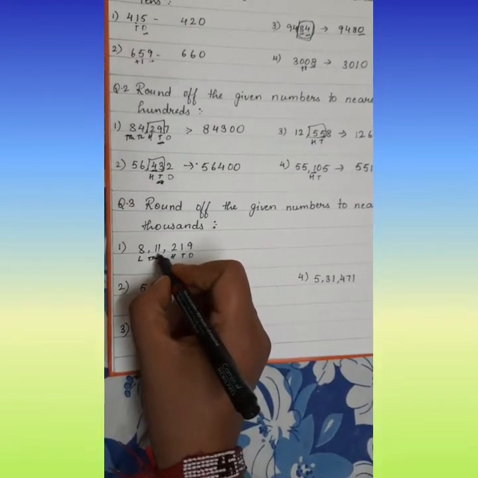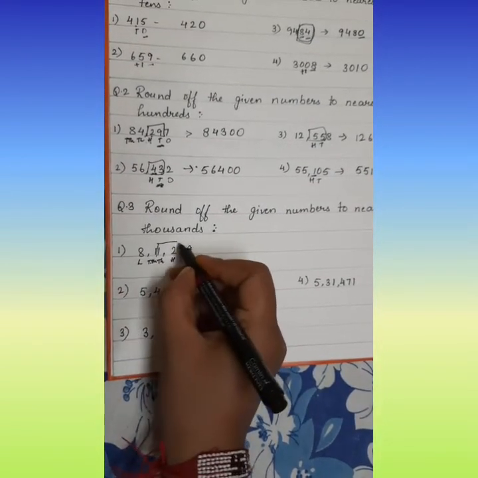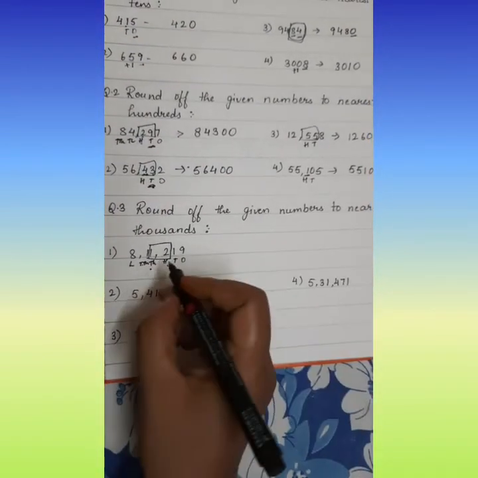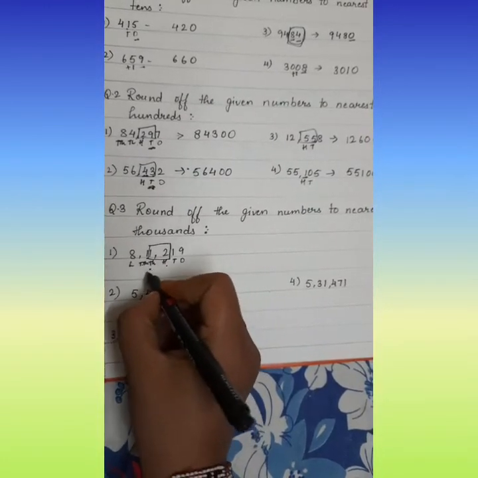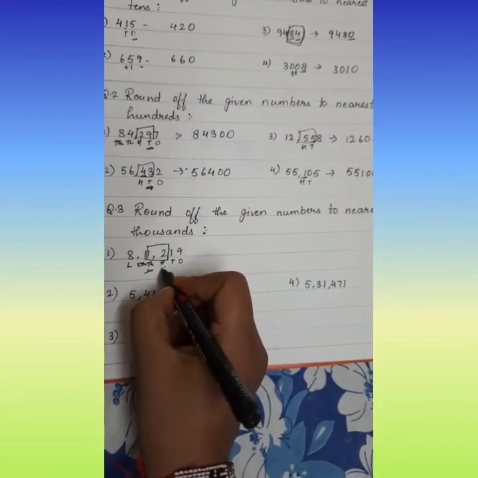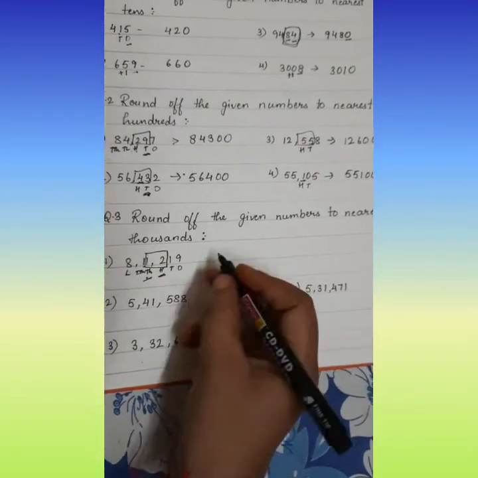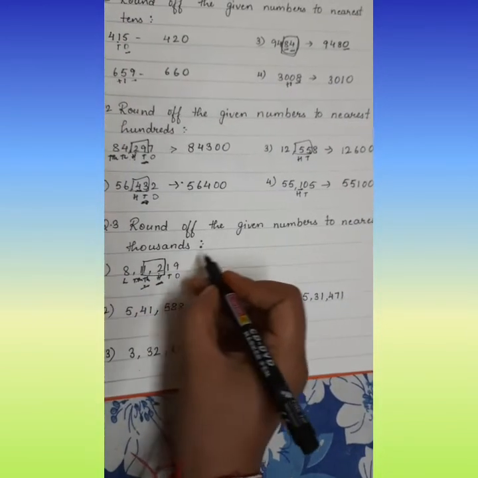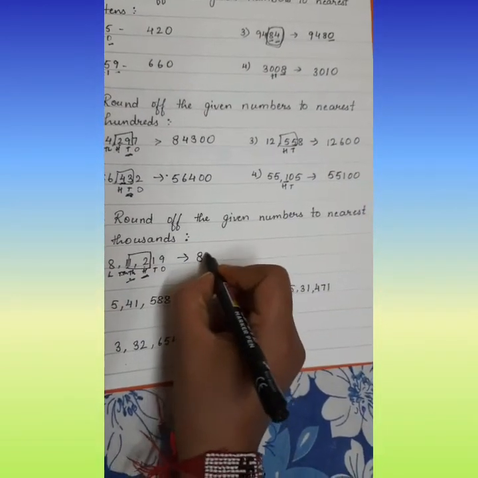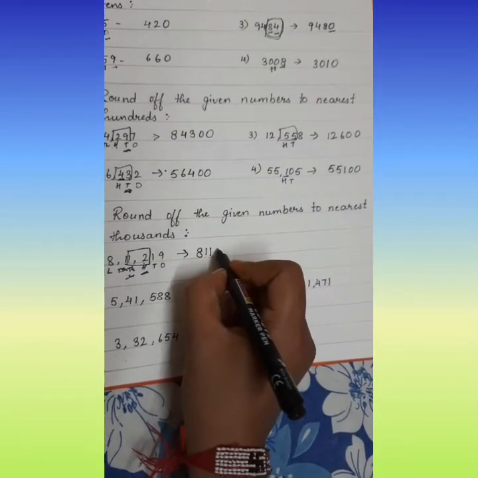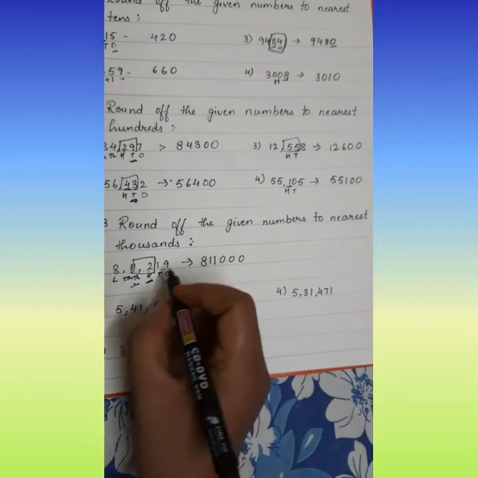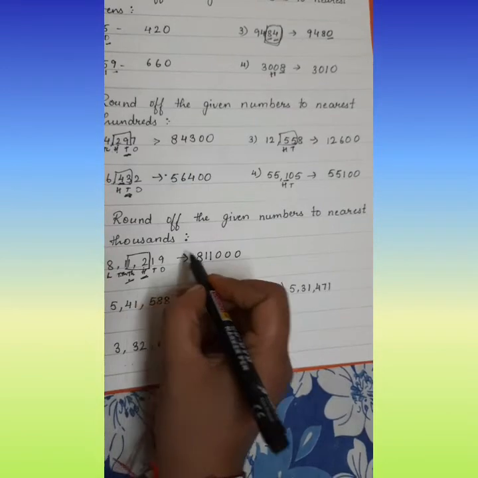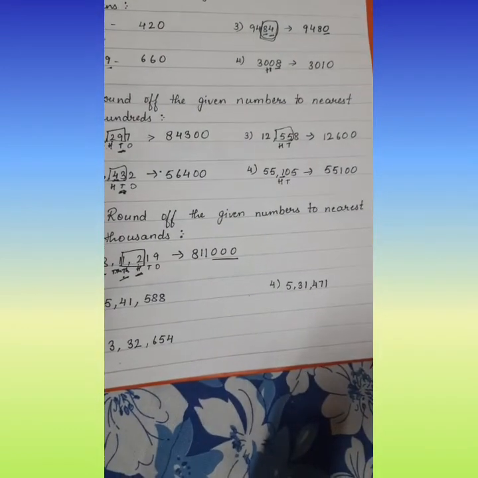We have to see this 1 and this 2, that is the 100 and thousands positions. For rounding this thousands position, we have to look at its previous position, that is the 100 position. So at 100 position 2 is there, which is less than 5. So the number will become 811,000, because the number will be rounded down and these all will be converted to zeros only.